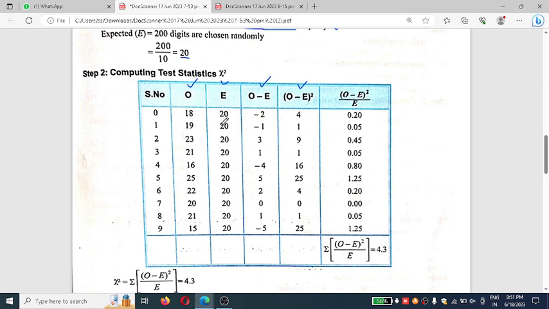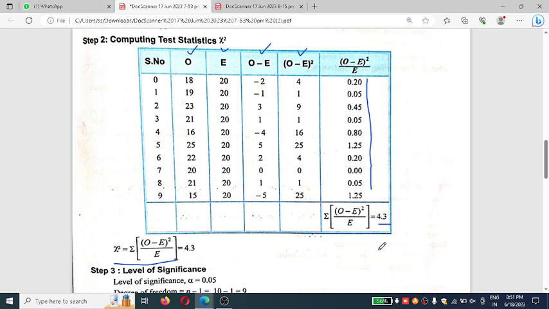Again 1 divided by 20 is 0.05. These values you will get here. Then when you add all these values, you will get the sum of O minus E whole square divided by E, which is 4.3. This is the chi-square calculated value.